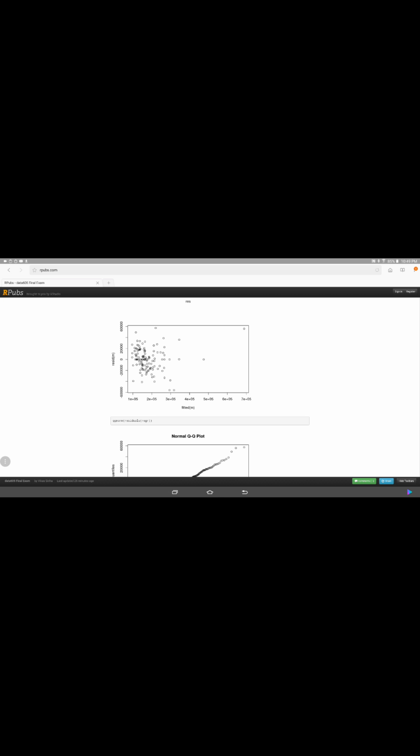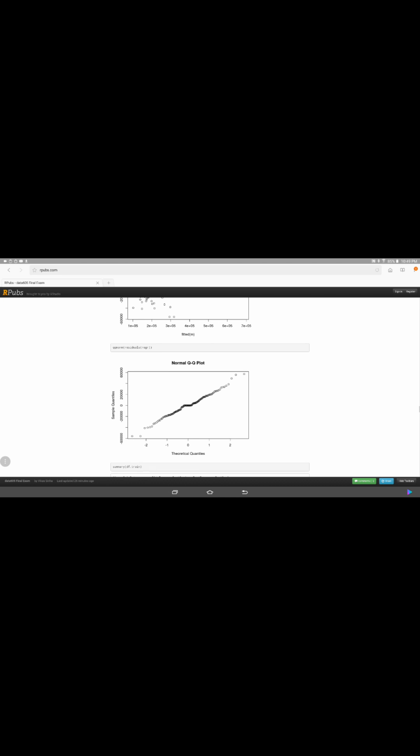It looks like there is no pattern here, at least no pattern that I can see, which is usually a good indicator. Looking at the QQ plot, we see that it is almost a straight line except for some low and high values. So that overall again looks very good.